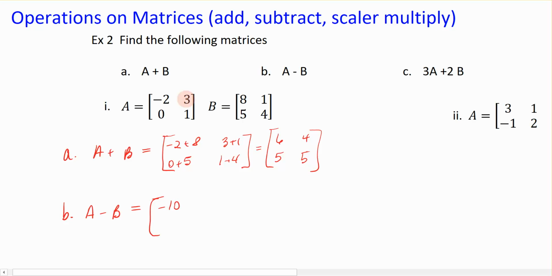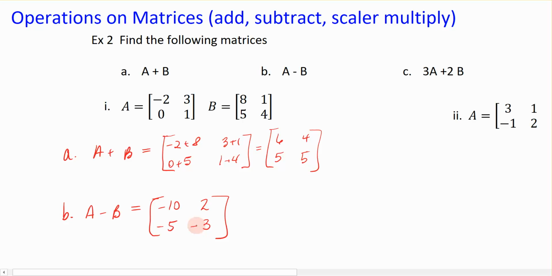Here I have row 1, column 2 minus row 1, column 2, so 3 minus 1 would be 2. Moving to the second row, 0 minus 5 would be -5. And here I have 1 minus 4, which would be -3. So I have, using subtraction, a new matrix here.